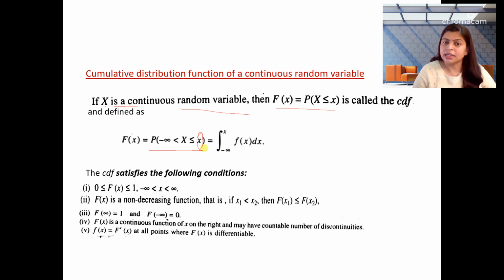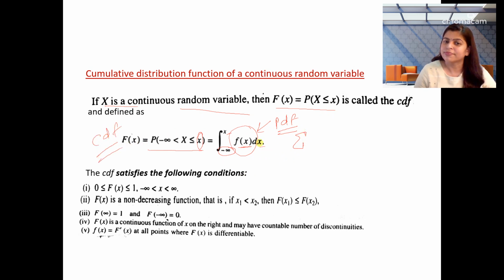That is why in the discrete case we use the summation sign, and here we use the integration sign, because integration again gives us the sum. So limits would be from minus infinity to x, up to that certain point. So, fx dx. What is fx? Fx is basically here PDF. Okay, so if PDF is given to you, you can find out CDF.